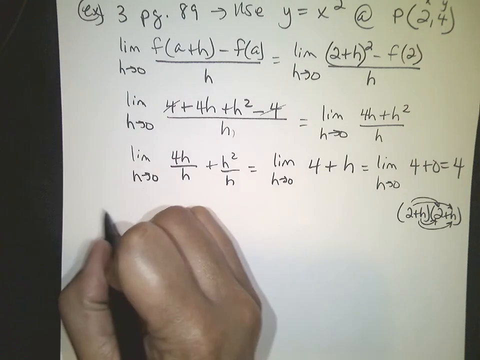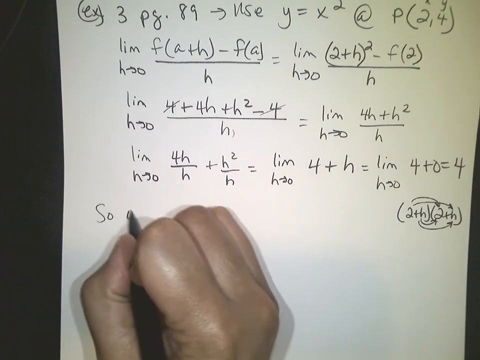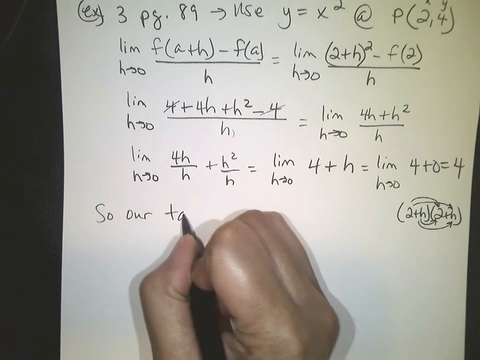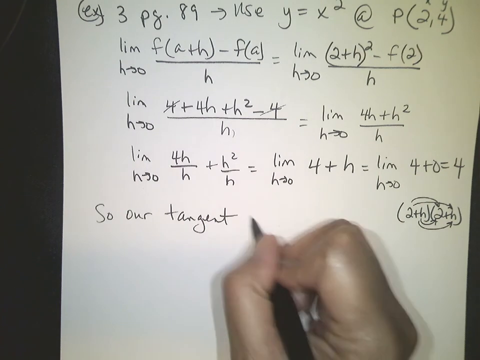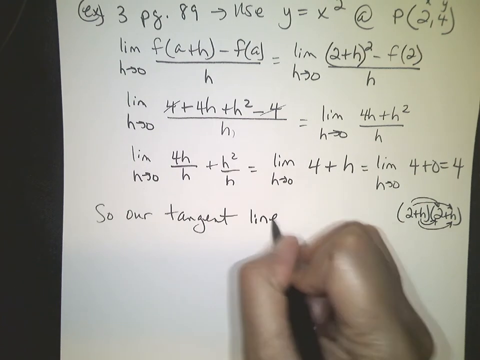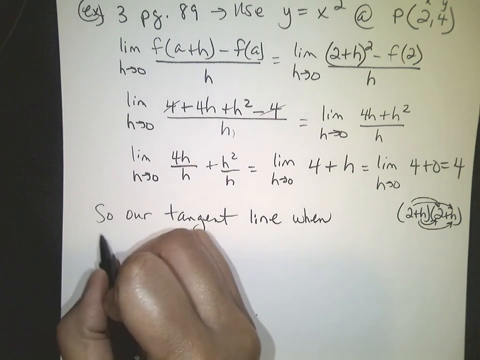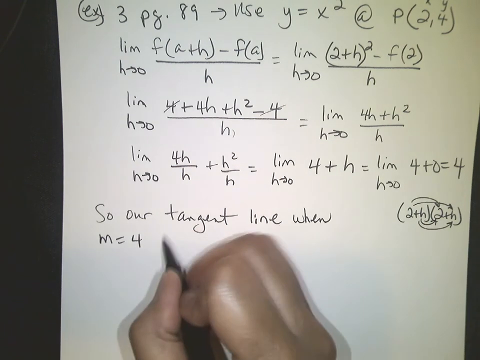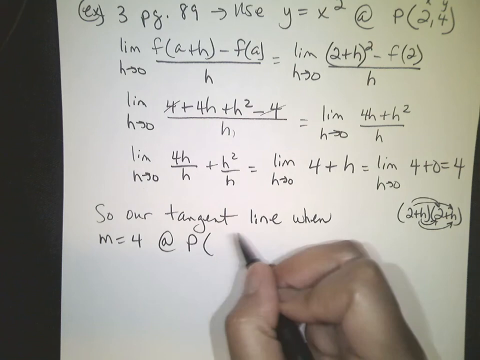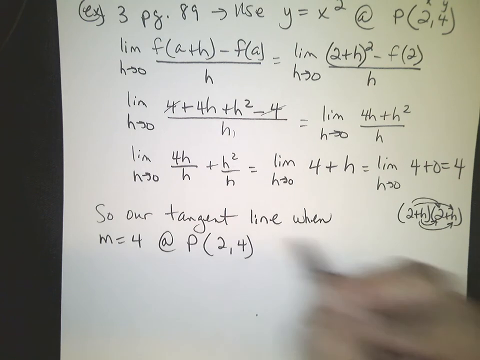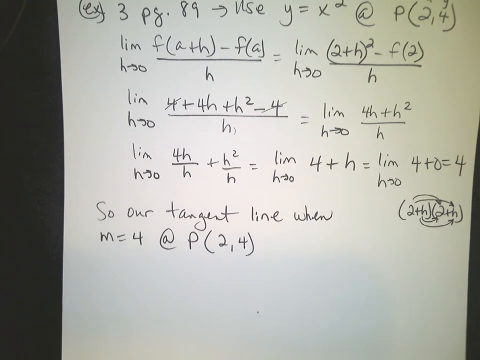So our tangent line, when m equals 4 at point 2 and 4, it's just point slope formula.